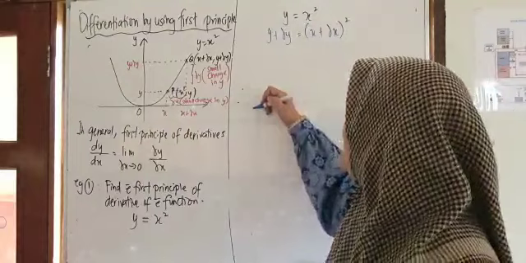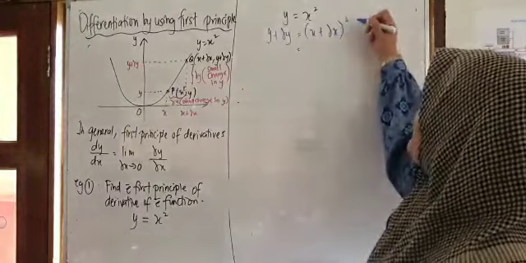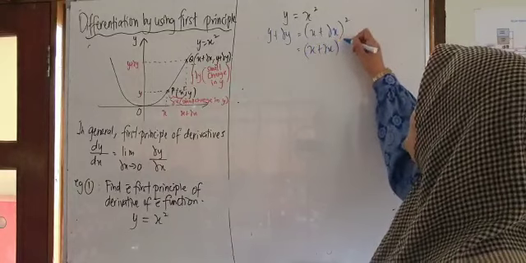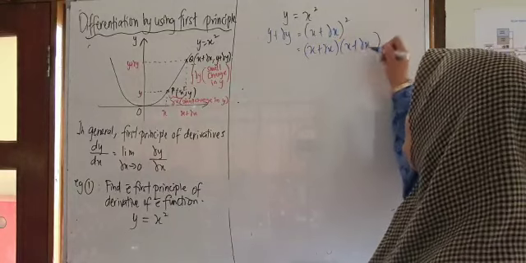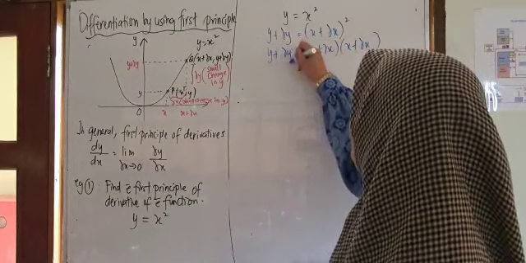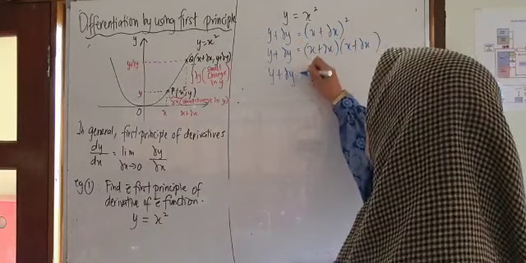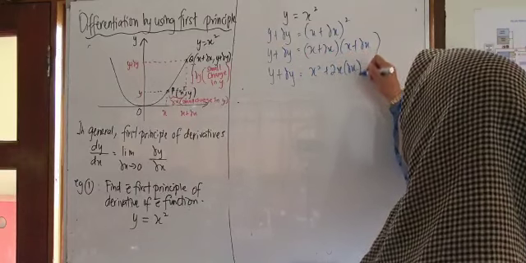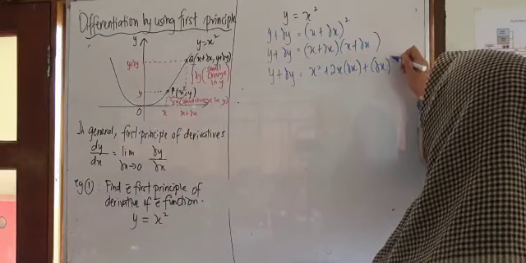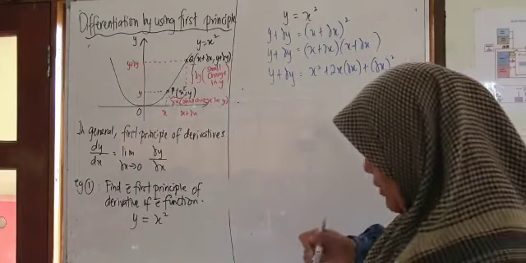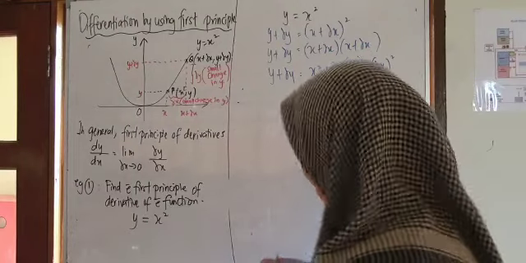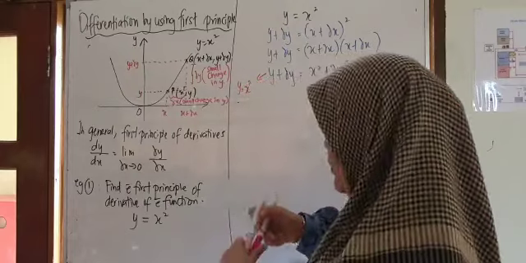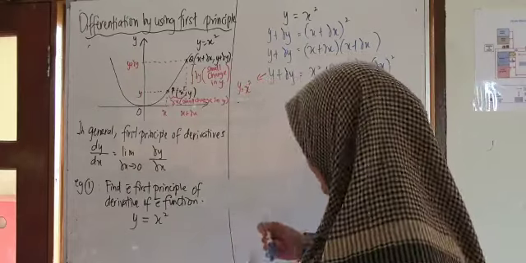So next, what are we going to do? We need to expand this function. So (x plus delta x) times (x plus delta x), so we have x squared plus 2x delta x plus delta x squared. So remember, our y is equal to x squared. So substitute the value of y.